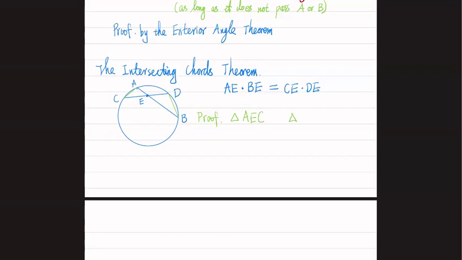Triangle DBE. I want to show that these two triangles are similar. For this, we could apply the AA similarity theorem.